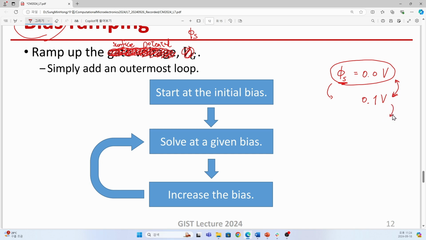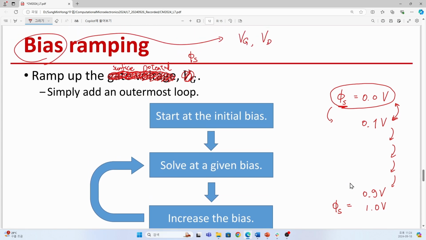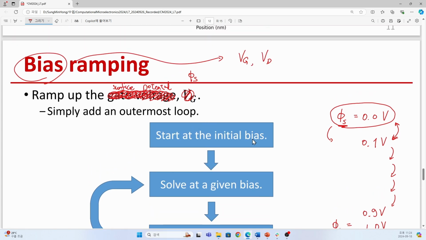And using these steps, then you can, for example, arrive at 0.9 volt or 1.0 volt of your surface potential. And one note is, although I'm using the term bias here, bias is usually used for terminal voltages or terminal currents.